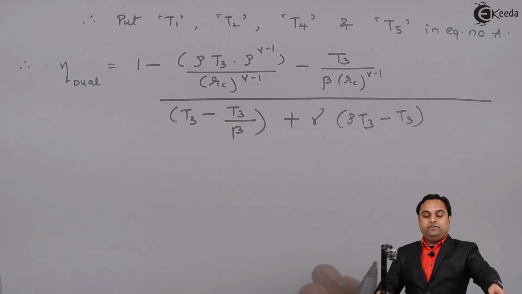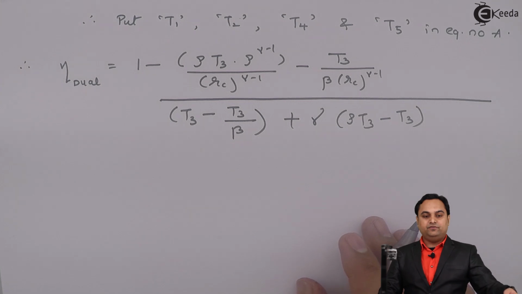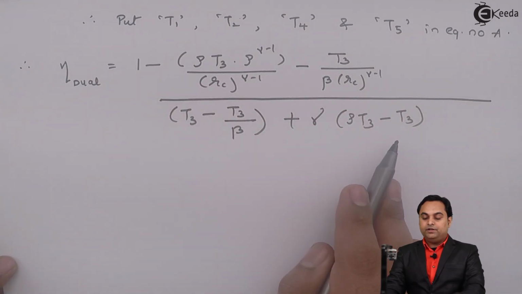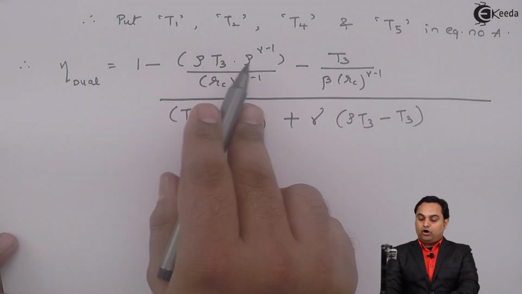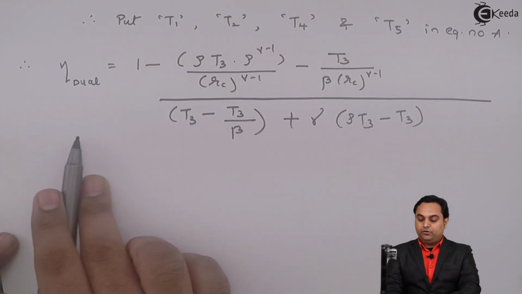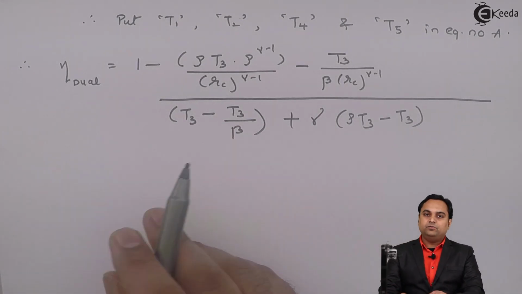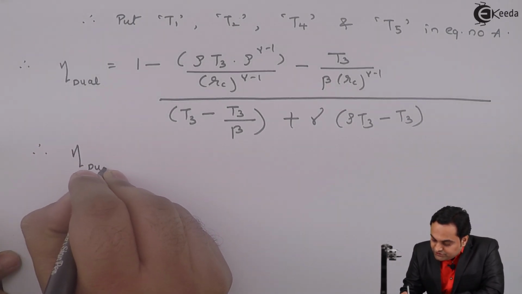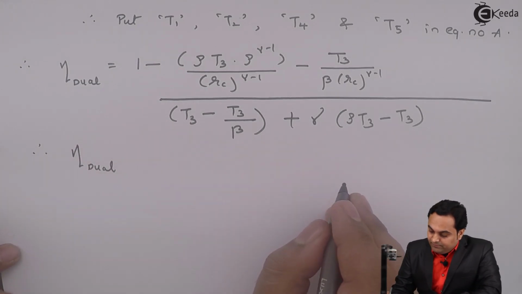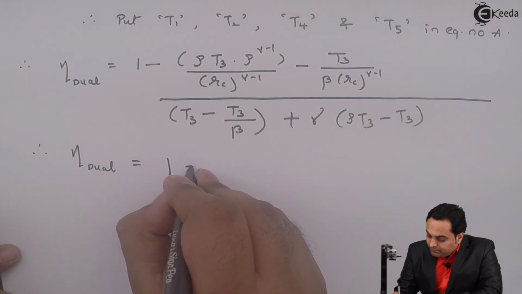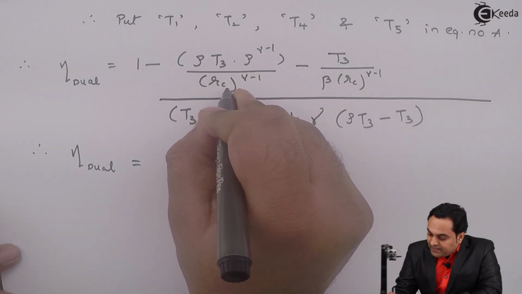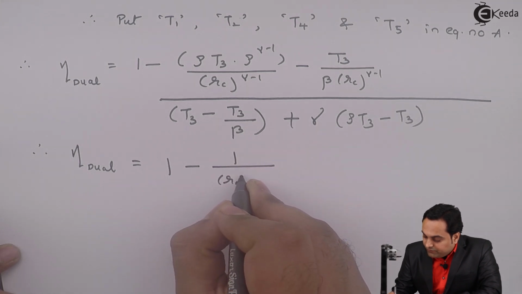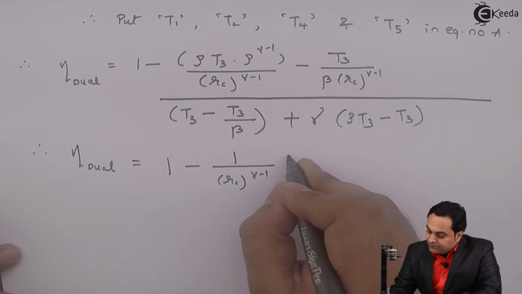If we are solving the derivation for the efficiency of the dual cycle, we have to keep all the temperatures in the form of T3. Now I can take T3 common from the numerator and T3 common from the denominator. So T3 will get cancelled out, and on simplification I'll get the efficiency of the dual cycle equal to 1 minus, now in the numerator I have Rc raised to gamma minus 1 common, so that will be 1 upon Rc raised to gamma minus 1 into the bracket.